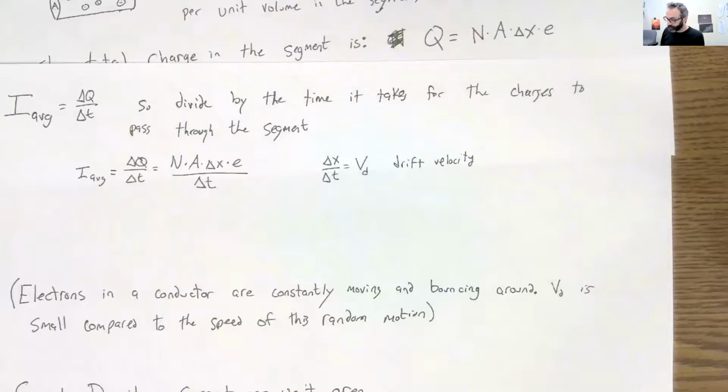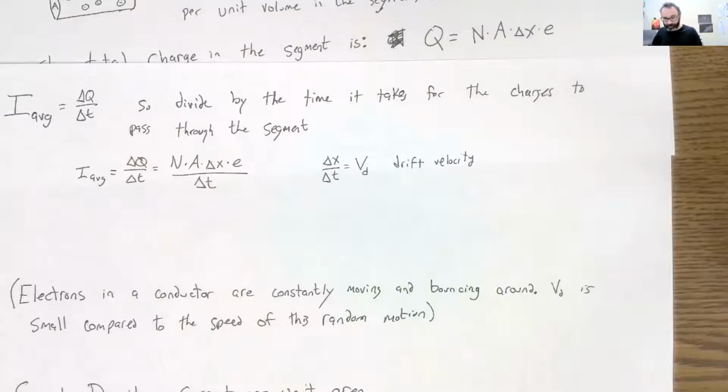That's thermodynamics, really. Remember, from thermodynamics, temperature is basically a measure of the average kinetic energy of those particles that are bouncing around. The hotter the wire is, the faster they're going to be moving around. If you attach a battery so that current is flowing, that drift velocity is really small compared to the speed of the random motion.